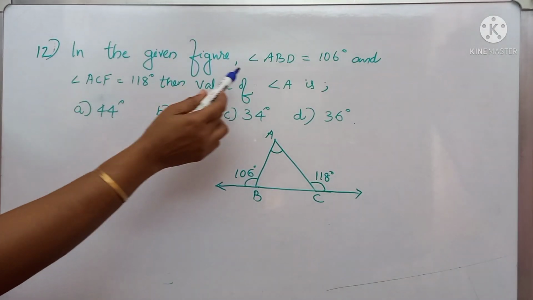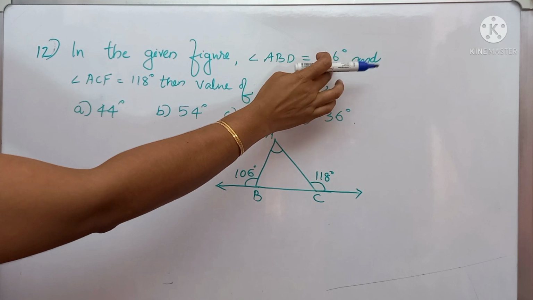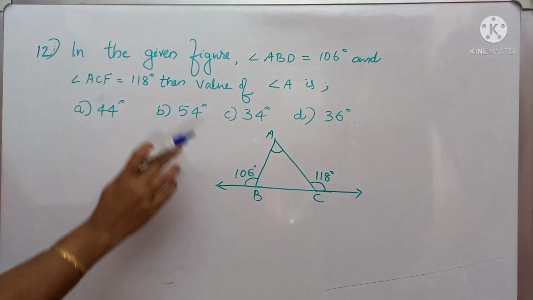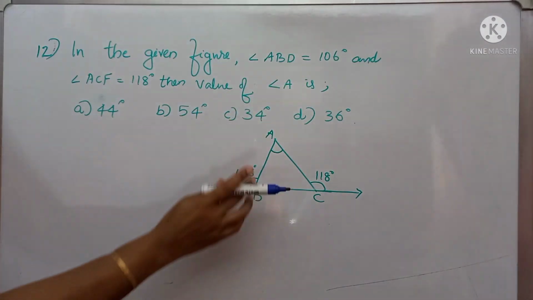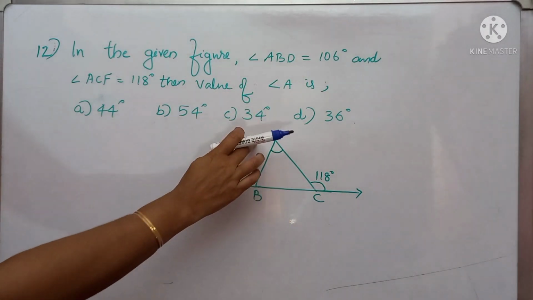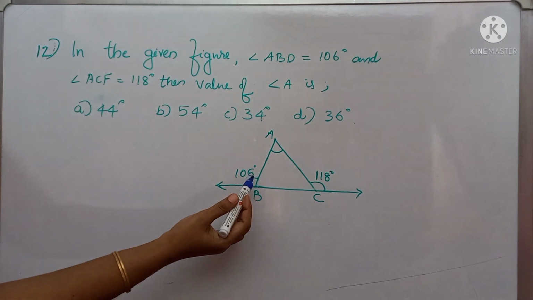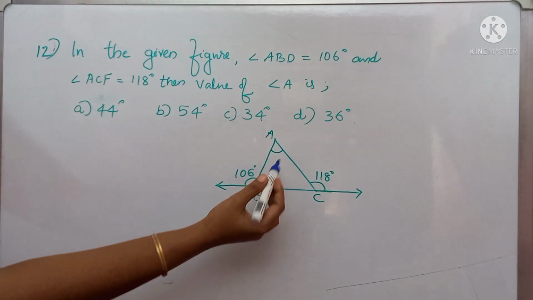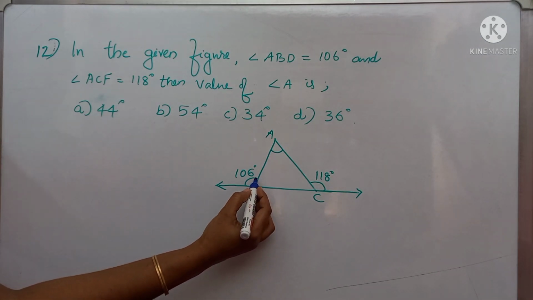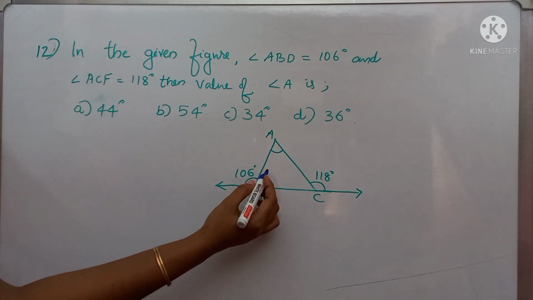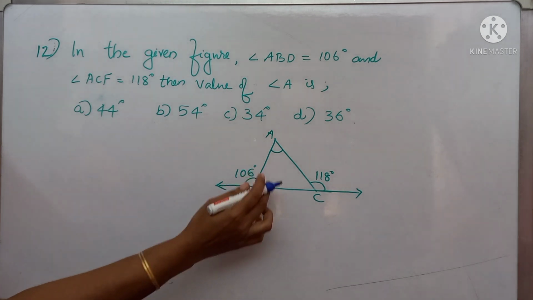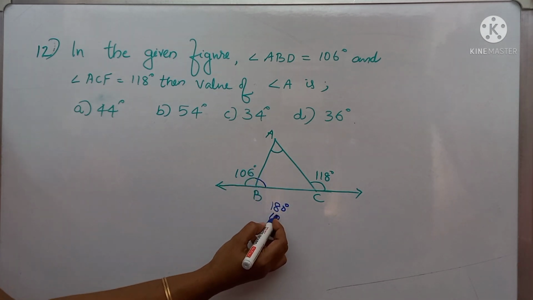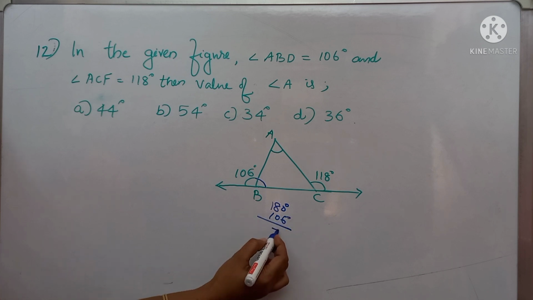In the given figure, angle ABD is equal to 106 degrees and angle ACF is equal to 118 degrees. Then the value of angle A is, here the figure is given, triangle ABC, and these two exterior angles are given. Here we have to find the value of A. So first we can find the interior angle of this triangle, and that is 180 minus 106 degrees, which is equal to 74 degrees.